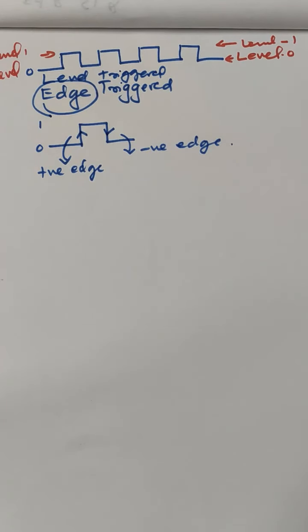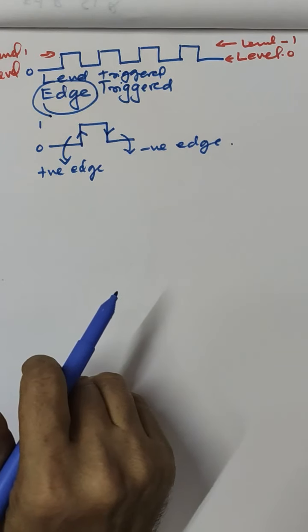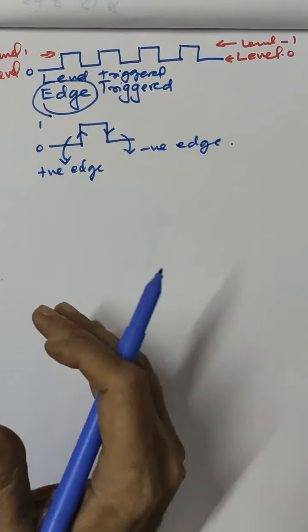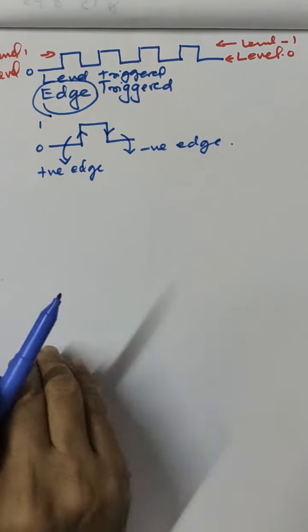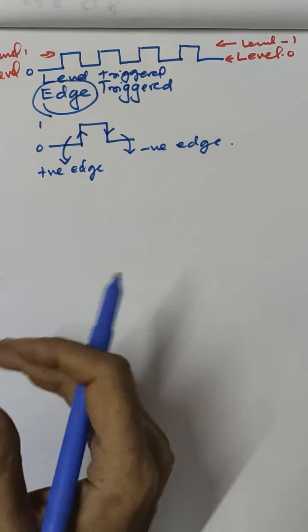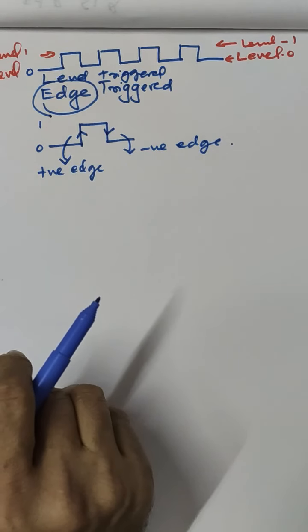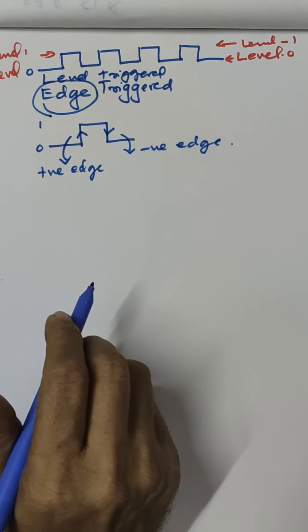So in a clocked flip-flop, we can incorporate additional circuits so that it will respond only to one of these edges. Such flip-flops are known as edge triggered flip-flops.